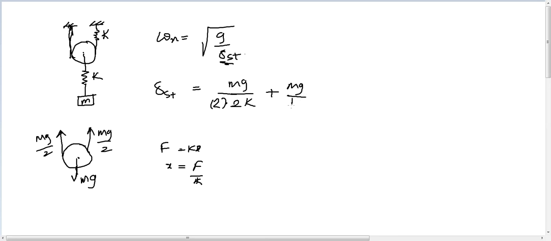Here K is the same, so the static deflection is mg by 4k plus mg by k, which is nothing but 5 by 4 mg by k.